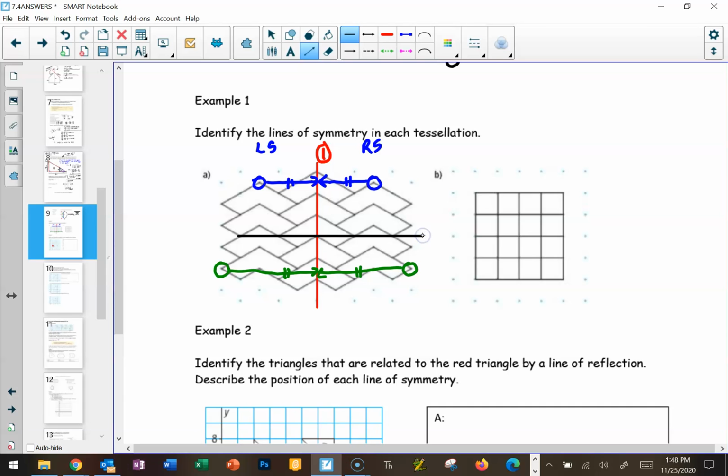Trouble with my colors, obviously. And we're going to make a decision as to whether or not this line, I guess we'll just leave it black, represents a line of reflection, also known as a line of symmetry.